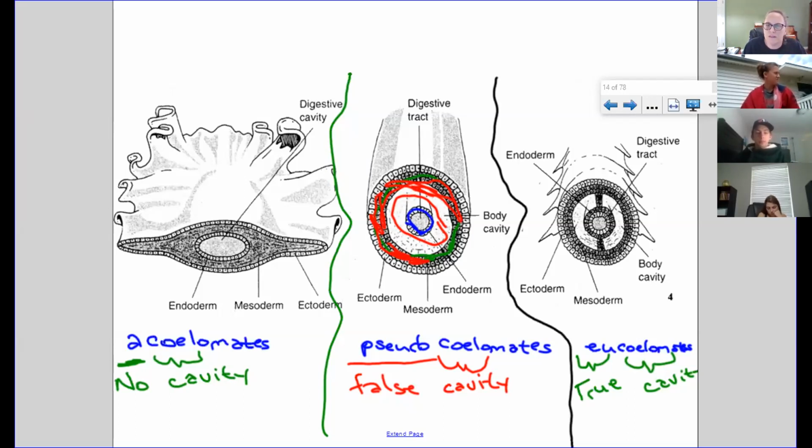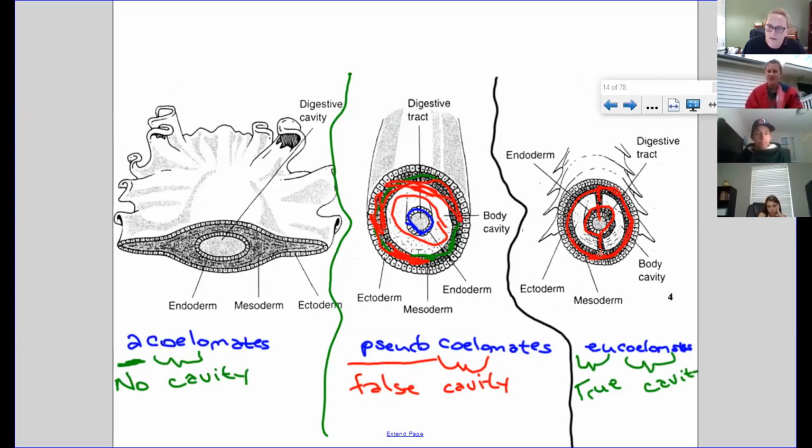So if you look right here, this whole area that I'm coloring red, all of it is mesoderm.